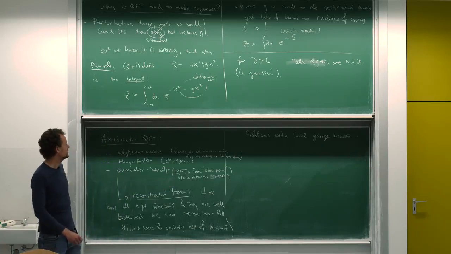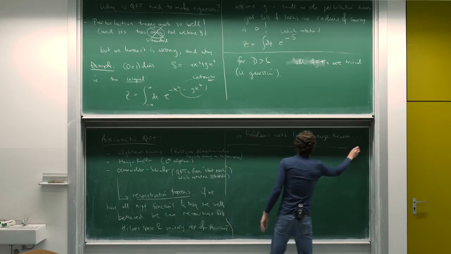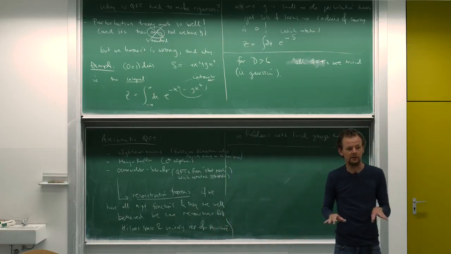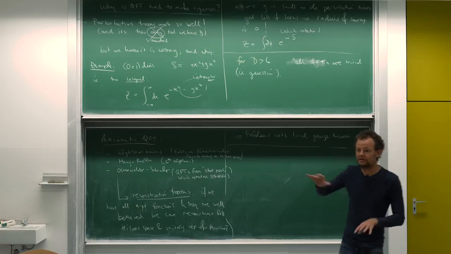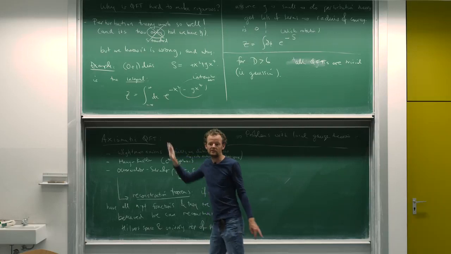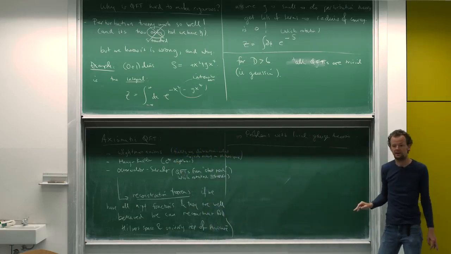And then you trade off the perturbation series at low energy with estimates for large values of x that suppress the badly behaving part of the perturbation series.